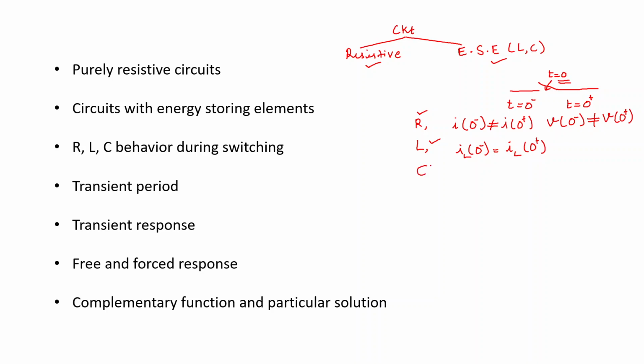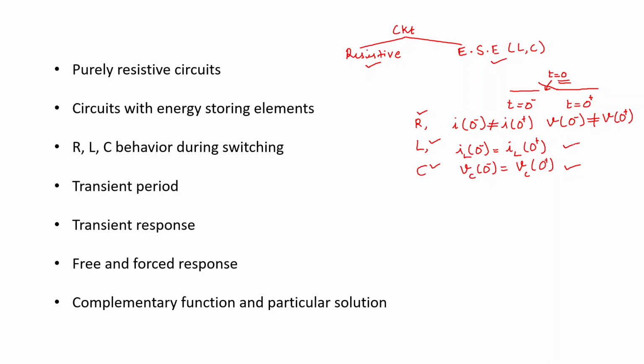In case of capacitor, the voltage across the capacitor the time before the switching is equal to voltage across the capacitor the moment after switching, which means that capacitor does not allow sudden change in voltage. So inductors do not allow sudden change in current because of the switching activity.